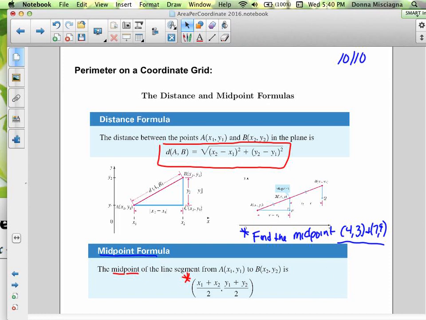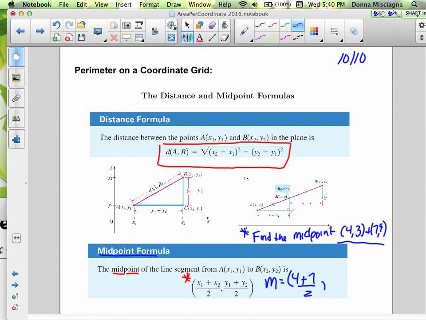Now we're going to find the midpoint of (4, 3) and (7, 9). Very, very easy. To find that midpoint, all we have to do is add the x coordinates, 4 plus 7, and divide by 2. That's the x coordinate of our midpoint. Then add the y coordinates and divide by 2. We're just taking the average. So 4 plus 7 is 11, and we can leave that just like that.